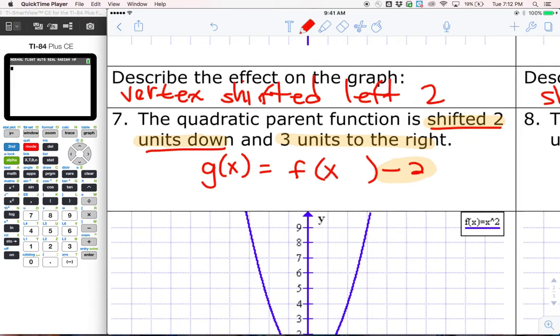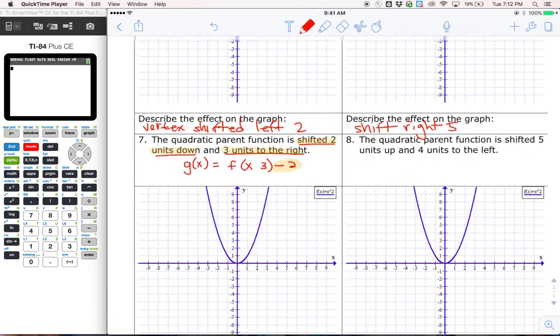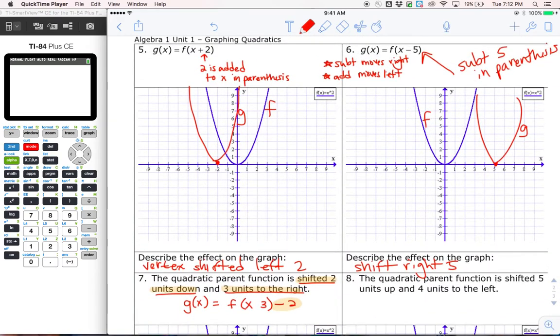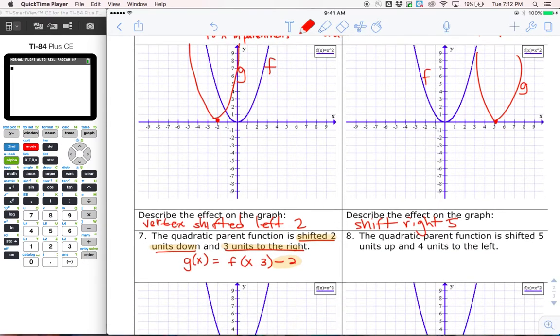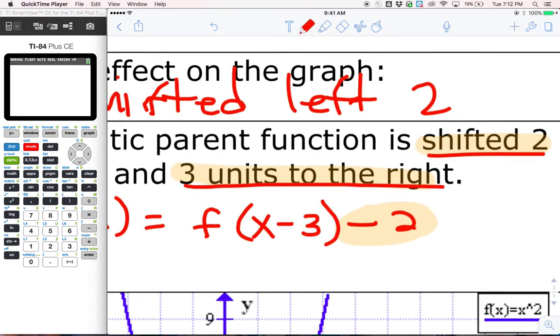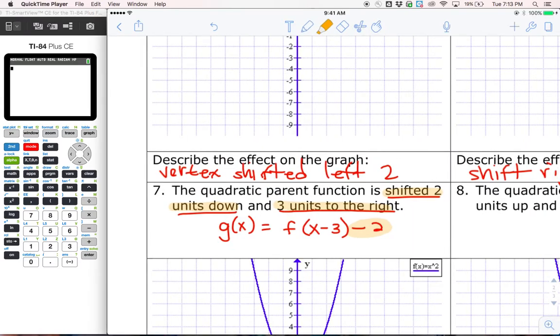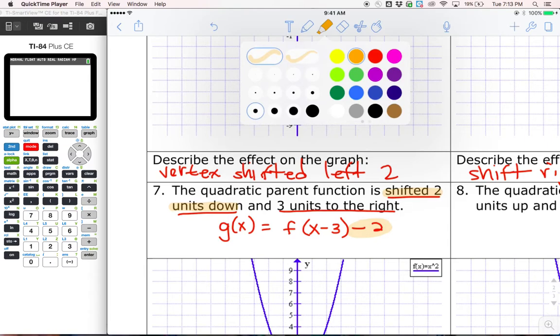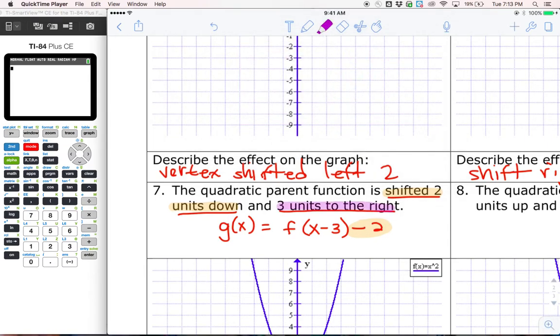If I need it to move 3 units to the right, okay, well I know this is going to be a 3, and the one in the parentheses was the weird one, so even though I want it to move to the right, which sign moves something to the right? This one when I was subtracting. So if I want to move it 3 units to the right, then I need to have a -3. Okay, so again, it all comes down to knowing where the numbers go and what their effect is on the graph.